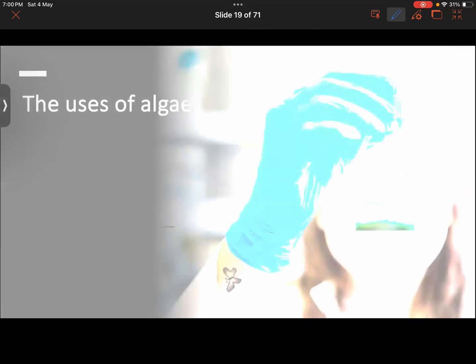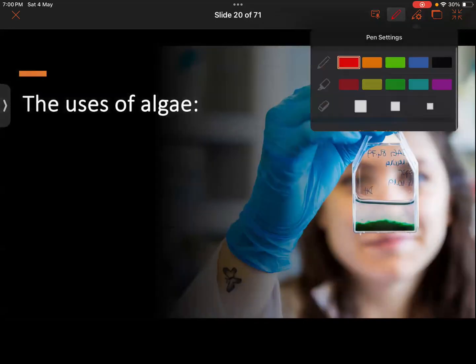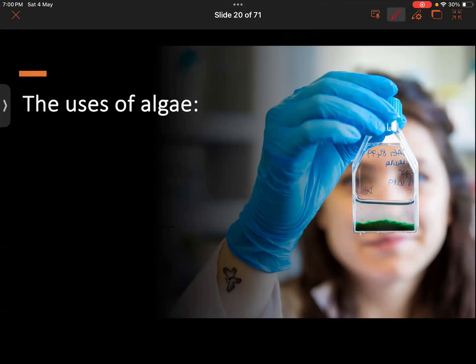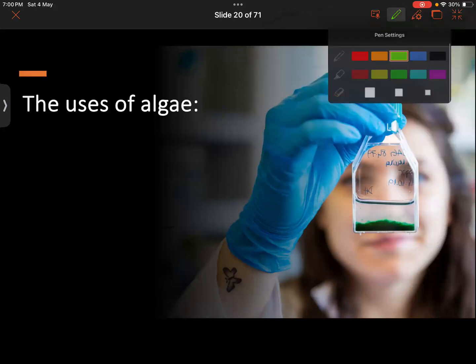Let's understand what the uses of algae are. This is a tiny sample of algae, and this woman is actually using it to prepare biofuel. Do you understand what biofuel means? Have you ever heard of biofuel?